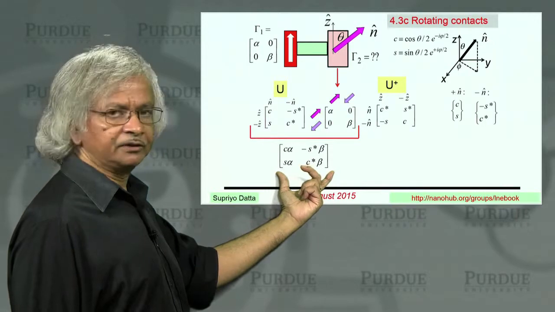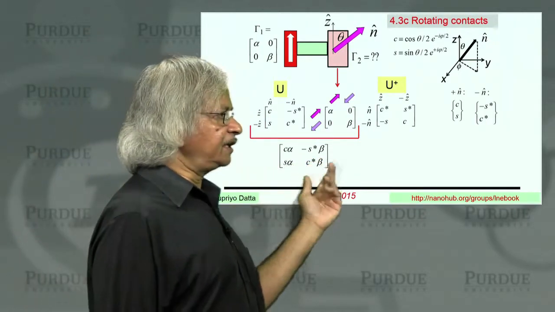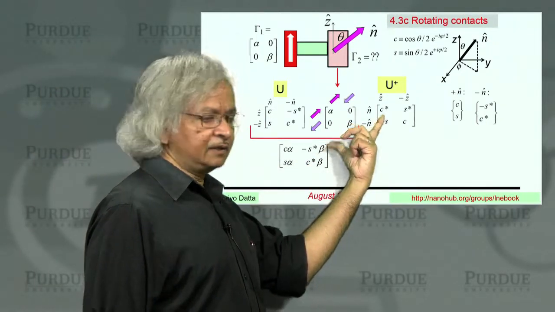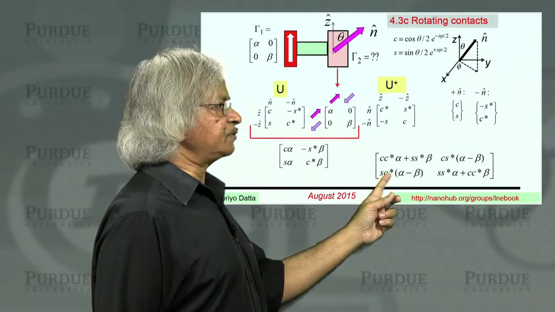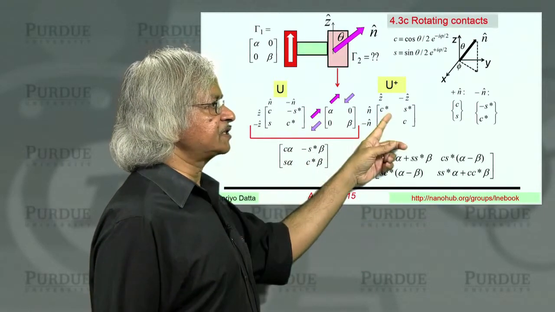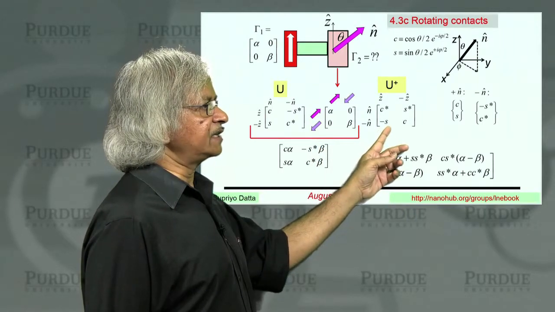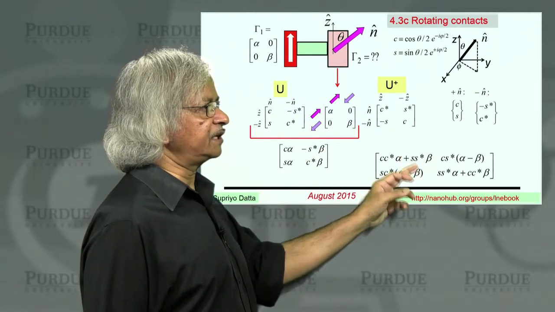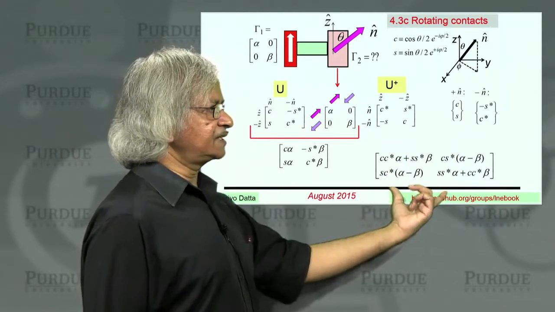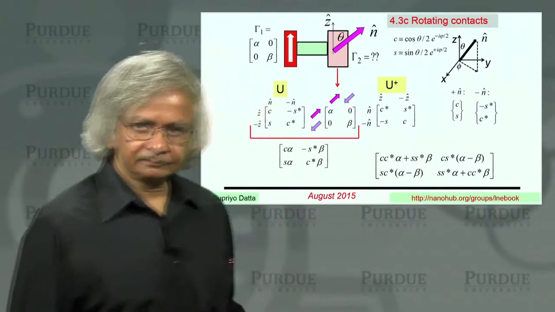So you can write the 2 by 2. Next, you can take this and multiply it with that, and that's when you get this matrix. c alpha times c star, that's c star alpha, minus s star beta times minus s, that's plus s s star beta, etc. So this is then gamma 2.